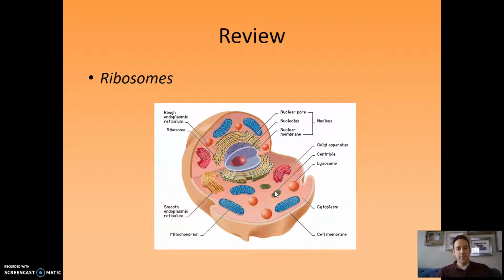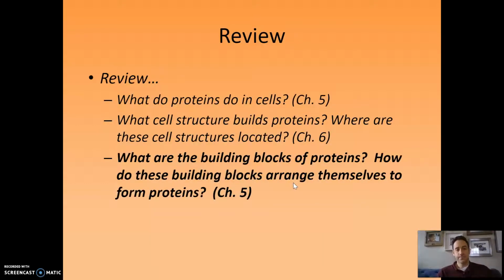So if a protein is destined to just sit in the cytoplasm, say, for example, an enzyme involved in glycolysis, which takes place in the cytoplasm, then a free ribosome in the cytoplasm would produce it. If that protein is destined for, say, the lysosome, maybe it's a hydrolysis enzyme, then it's going to be produced in a ribosome in the rough ER, transported to the Golgi apparatus, and then delivered to the lysosome.